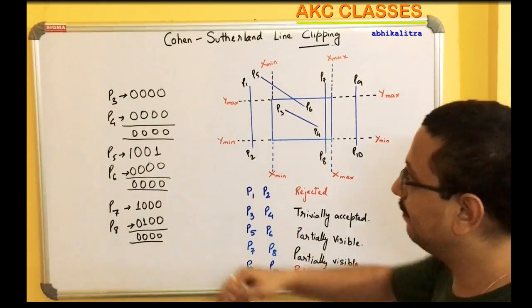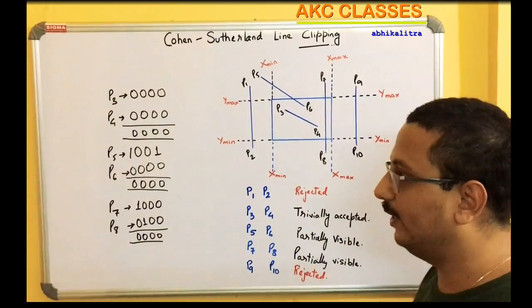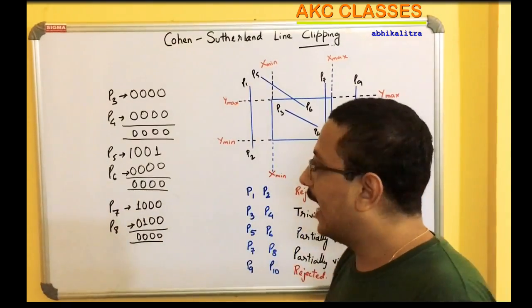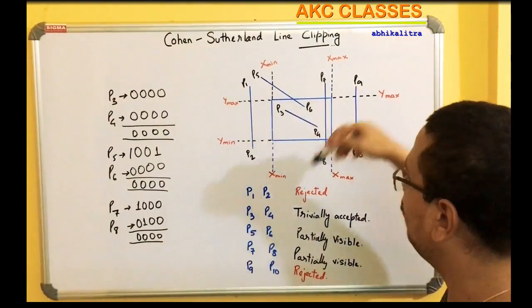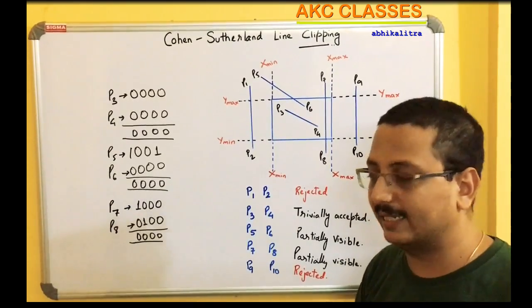So we understand that P3, P4, P5, P6 and P7, P8 are the lines which are going to be considered part of the display, and the lines P1, P2 and P9, P10 will be rejected, right?